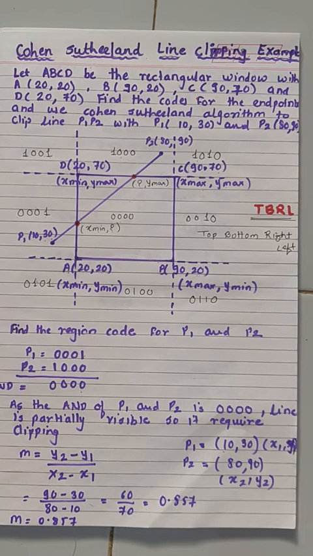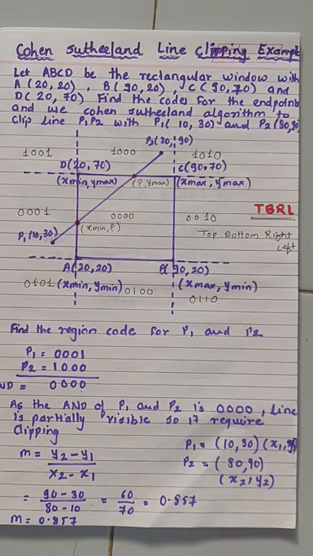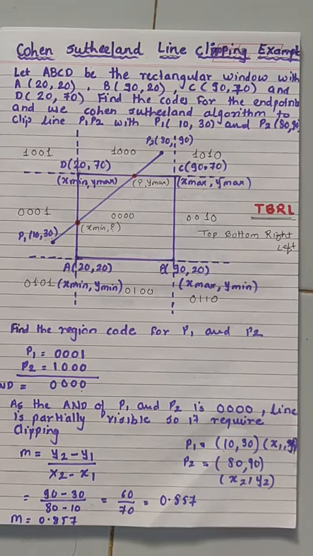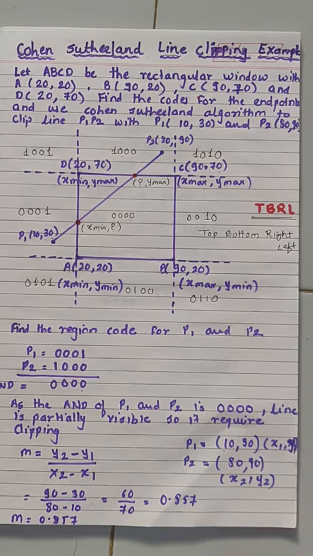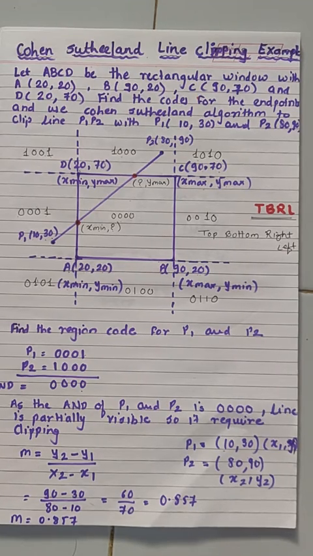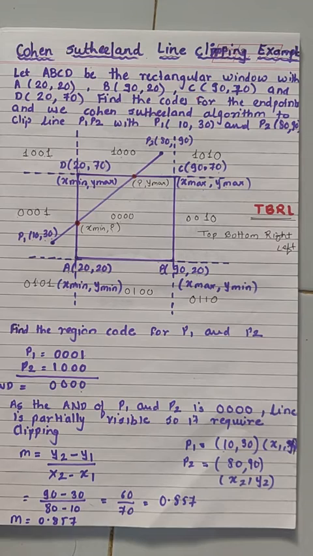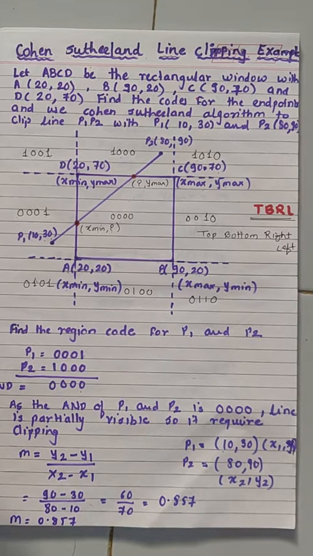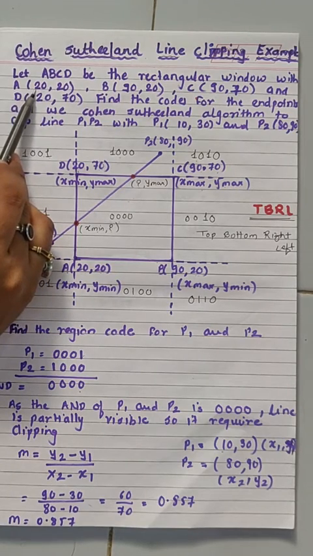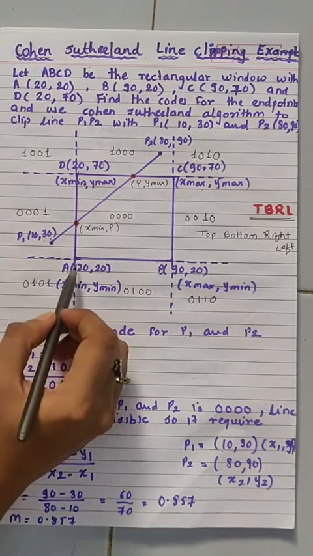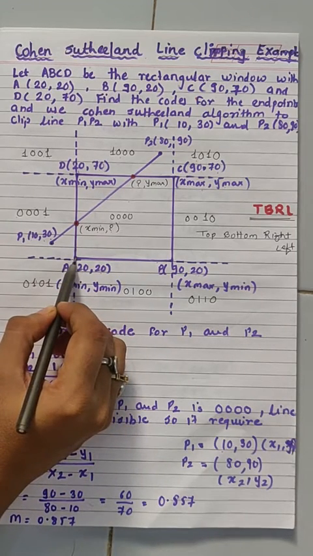Basically, before proceeding to solving the example, we have to draw the screen, or the window figure. As we are provided with the 4 different coordinates that are the endpoints of the window, if we start with the observation of those 4 points, we can observe that A has the lowest value, the lowest of both x and y.